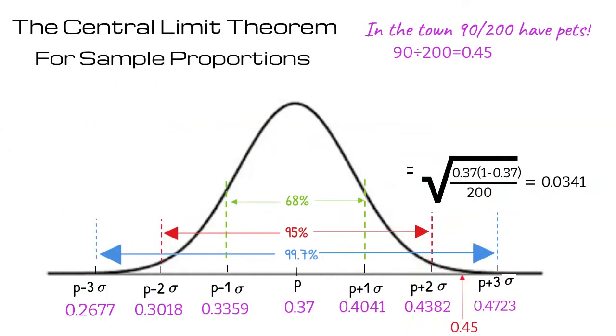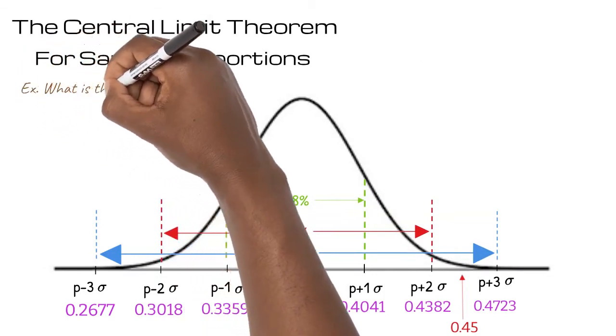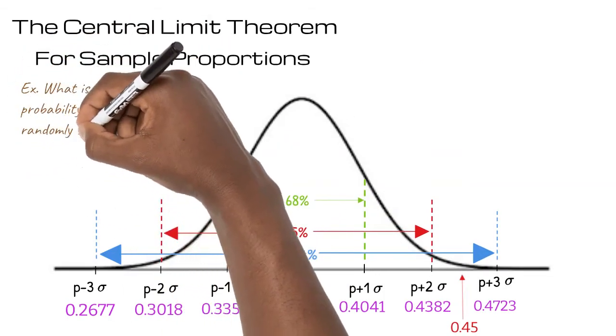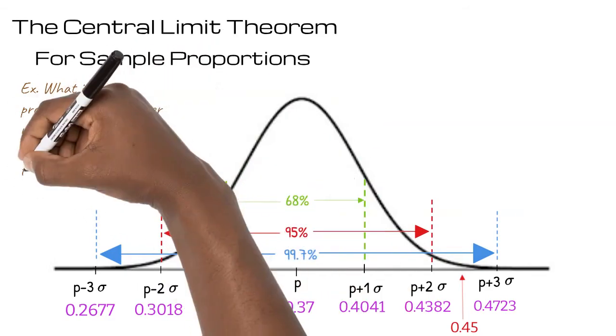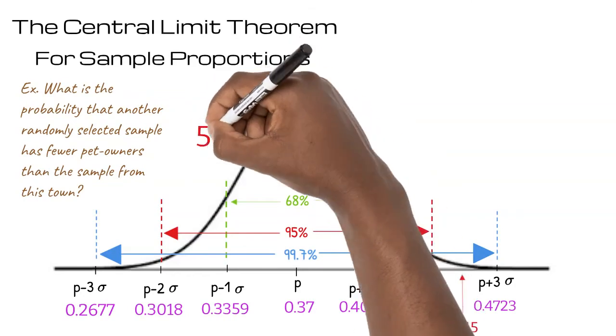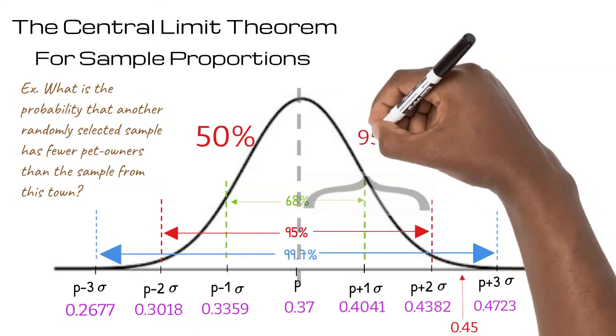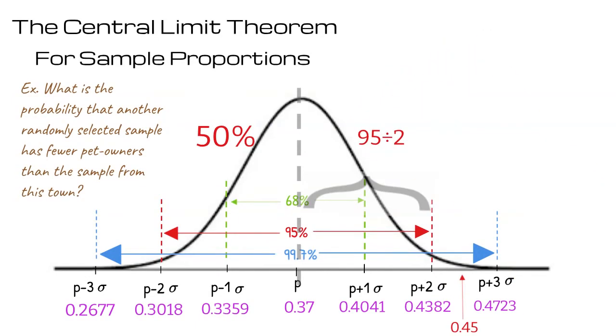Let's look at an example that will allow us to get more specific. What is the probability that another randomly selected sample has fewer pet owners than the sample from our previously discussed town? 50% of proportions are on the left side of our line of symmetry. From the line of symmetry to 2 standard deviations above the average proportion, we divide 95 by 2 and see that there is another 47.5% of proportions.